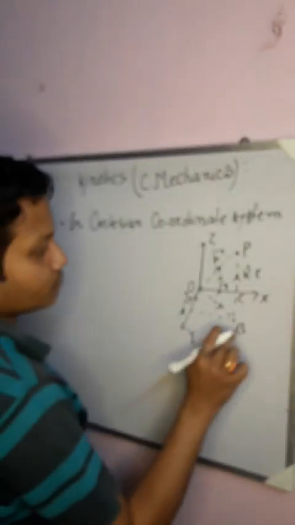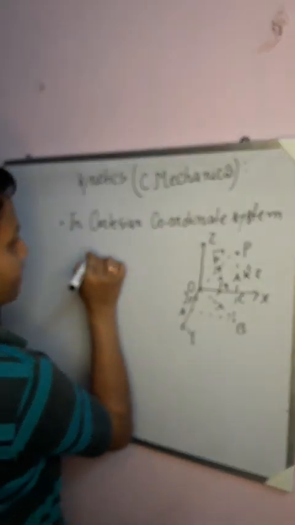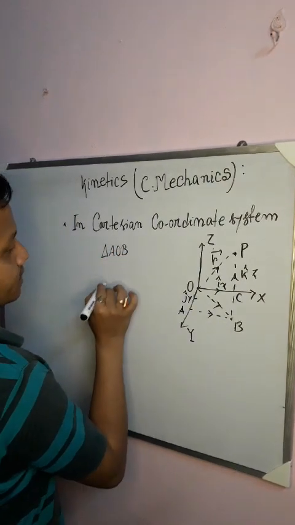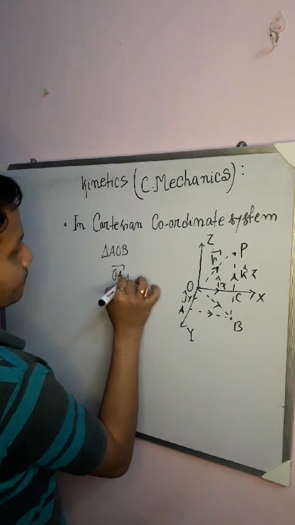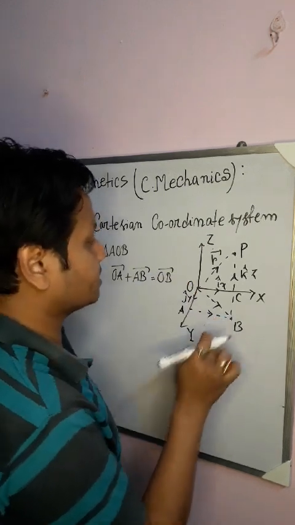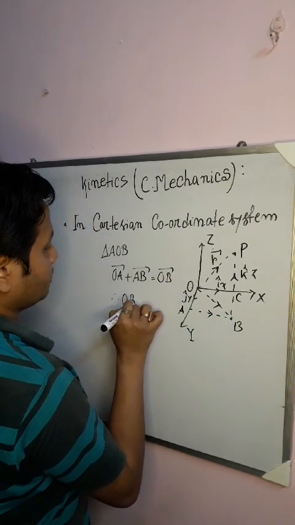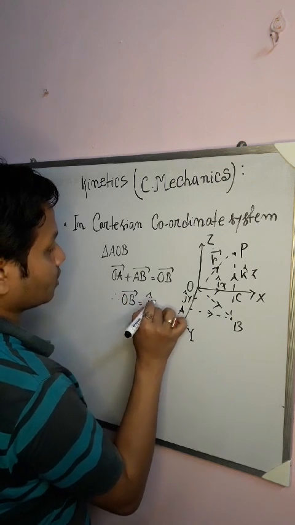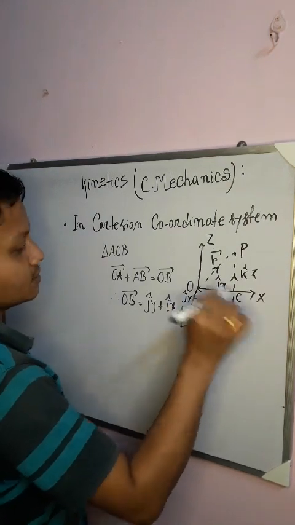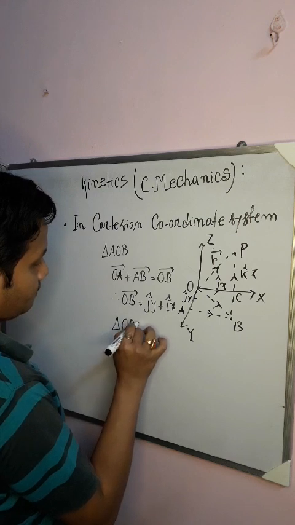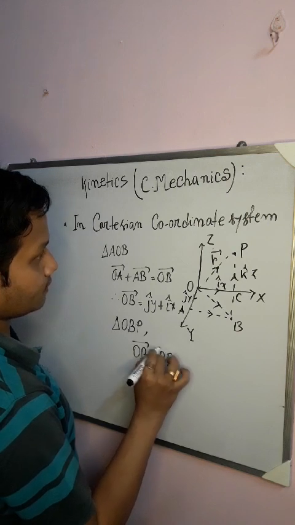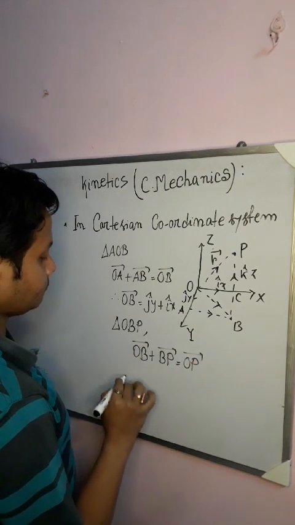From the triangle OAB, by the triangle law, OA plus AB equals OB. So OB is j cap y plus i cap x. Now consider the triangle OBP: OB plus BP equals OP.